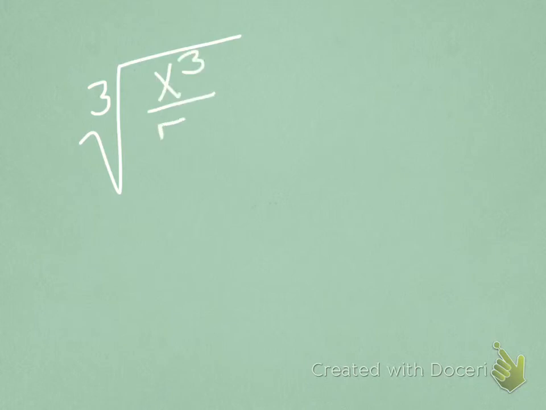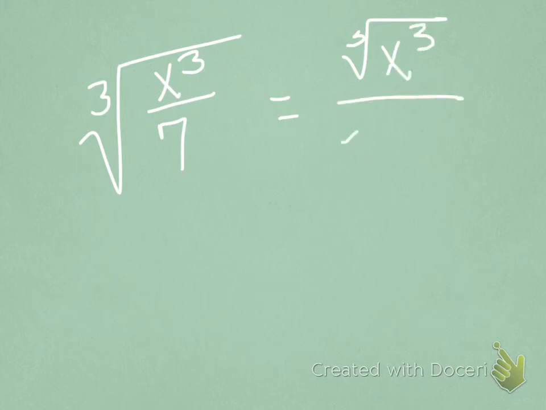Now let's look at one where we have a quotient, or we're doing division. So with that in mind, we're looking at a cube again: x to the third power over 7. Now the quotient property tells me this is actually the cube root of x cubed divided by the cube root of 7.